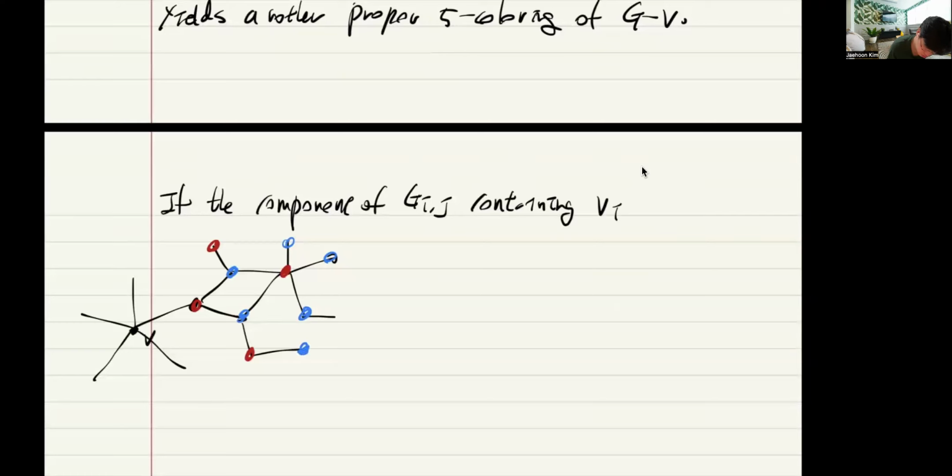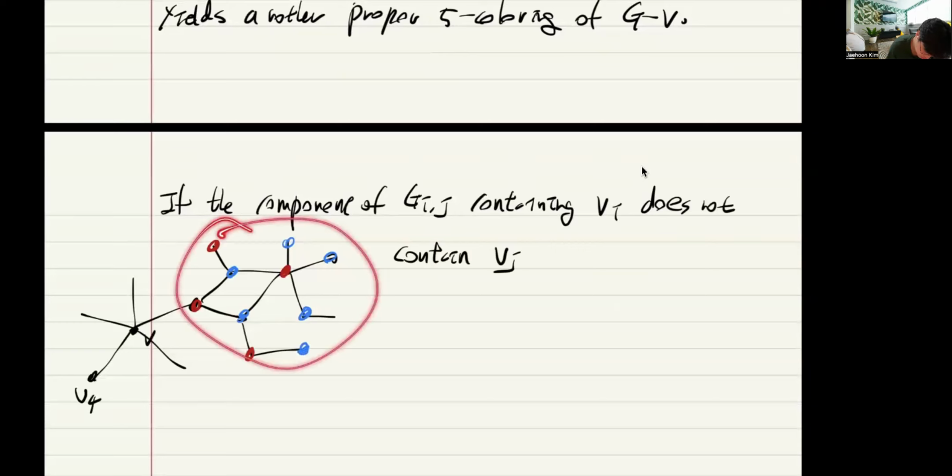If this component does not contain vj, say here v4, then what we can do is swap the colors here, and now this becomes color 4, so color 2 is available for v. So that's possible.